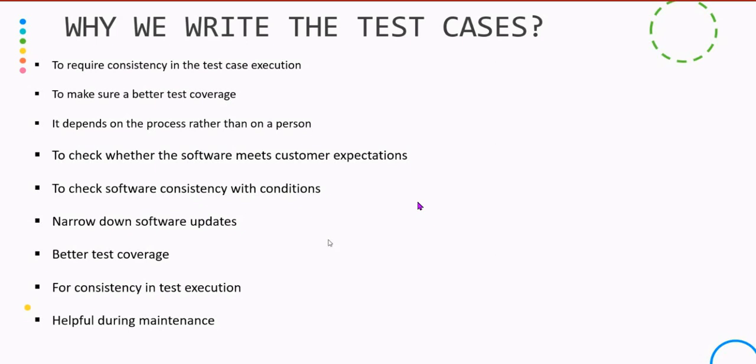For consistency in the test execution, the test cases help to maintain consistency in test execution, as well as documented test cases help the tester to just have a look at the test case and start testing the application. Helping during maintenance. Test cases are detailed, which makes them helpful during the maintenance phase as well.